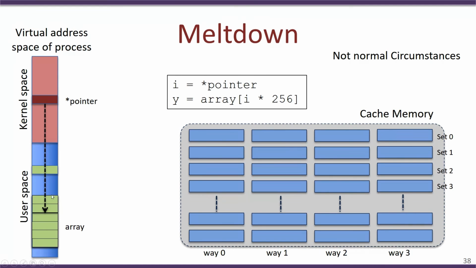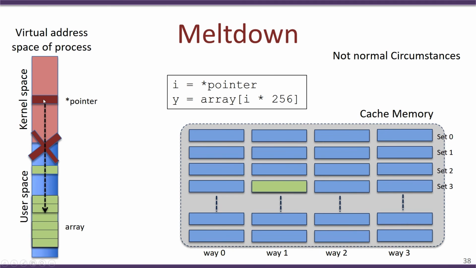Thus, the array would be accessed at a location which is dependent on the data which is present in this kernel space memory location. Thus, as we saw before, one block of data present in the array would be loaded into the cache. Now, important for us to observe over here is the set which gets accessed.